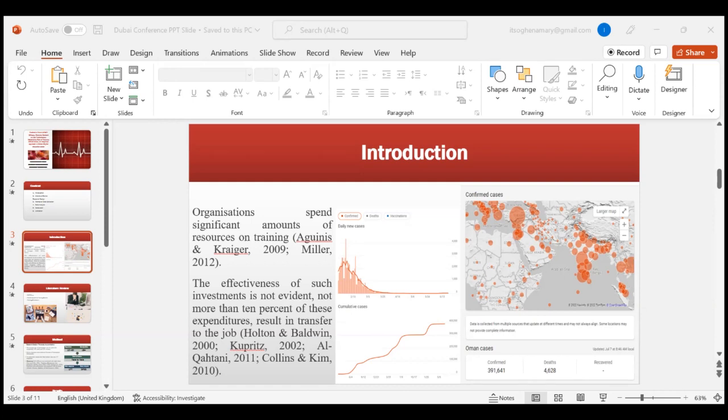But there are not many studies on how effective this training is, and on the indirect role of the effectiveness of training.